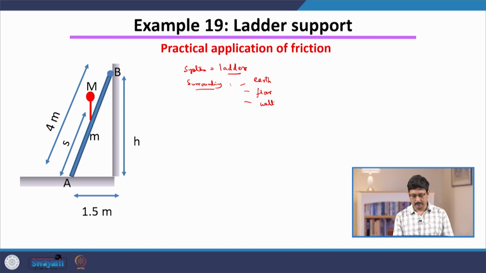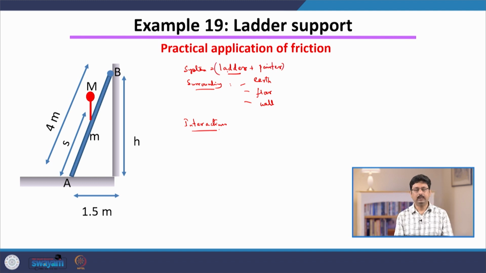So, what are the interactions? Ladder plus painter, because we need to keep the painter in mind.